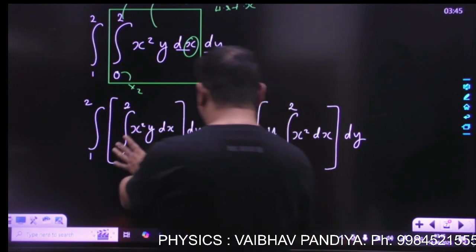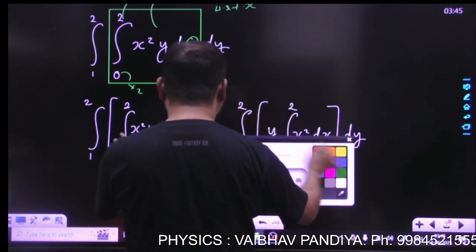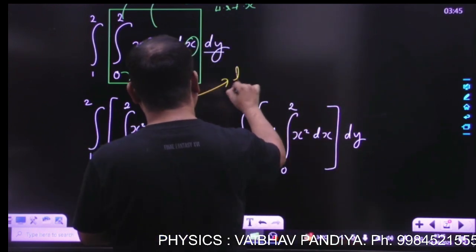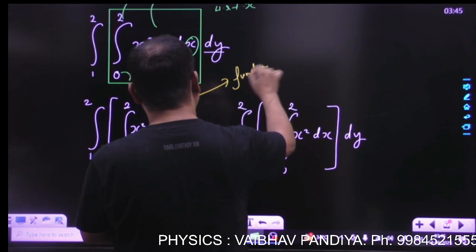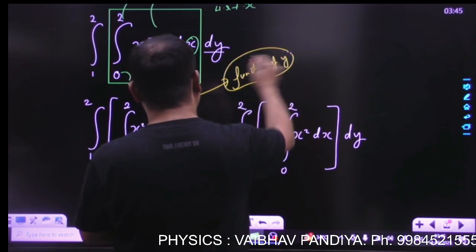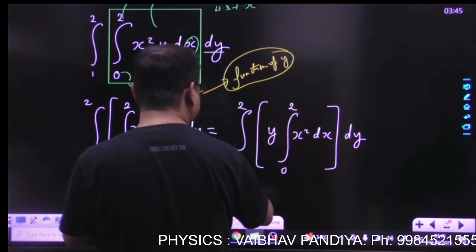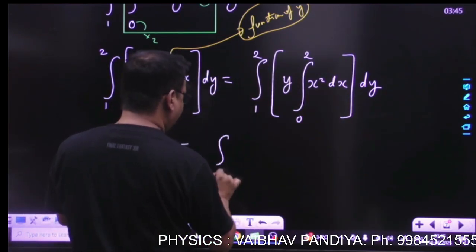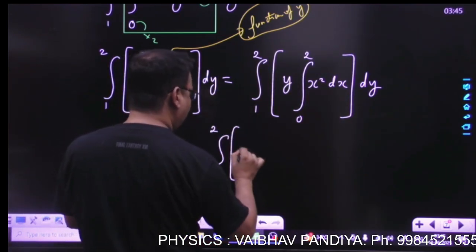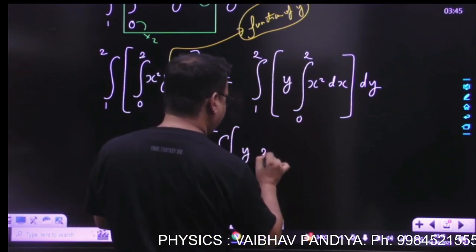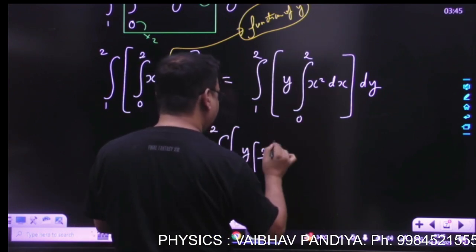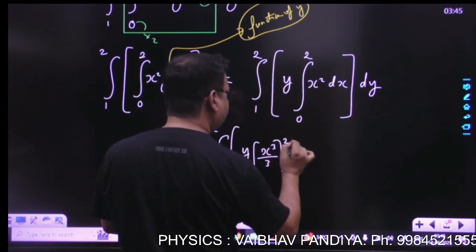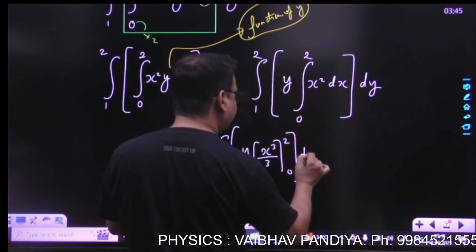Ultimately, when you solve it by partial integration, you will get a function of y, because the result will definitely be a function of y. So you will have the integral from 1 to 2, y is a constant, this will be x cubed by 3 within the limits 0 to 2, and what is left outside is dy.